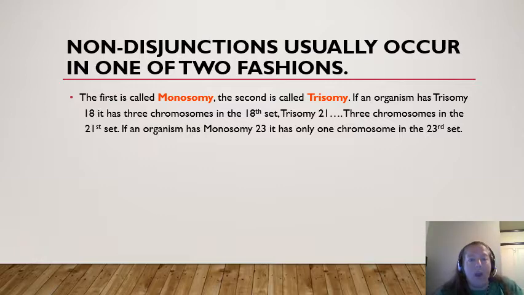So you have monosomy and trisomy. So monosomy would be an egg that only has 1 chromosome instead of 2, like it's supposed to. And trisomy is when on one of the pairs you would have 3 chromosomes. So you would have an extra chromosome. Okay?